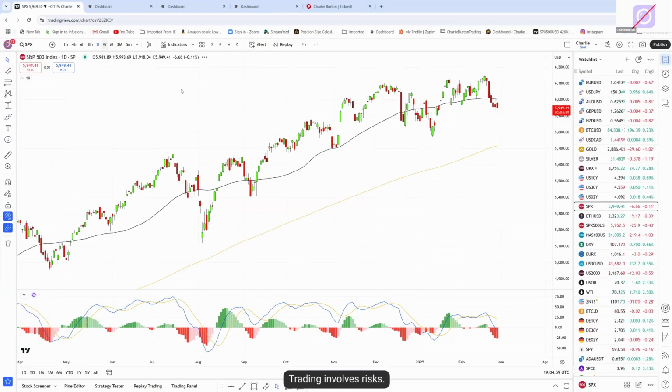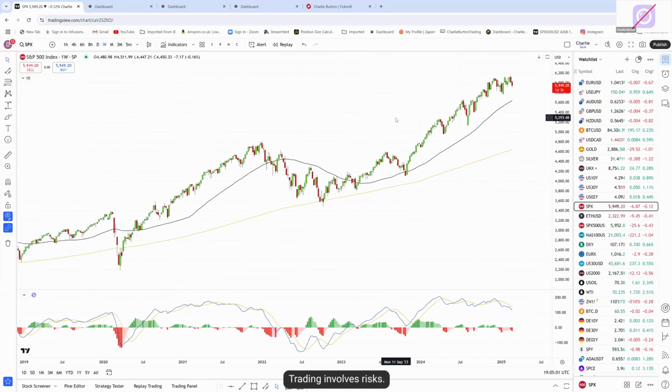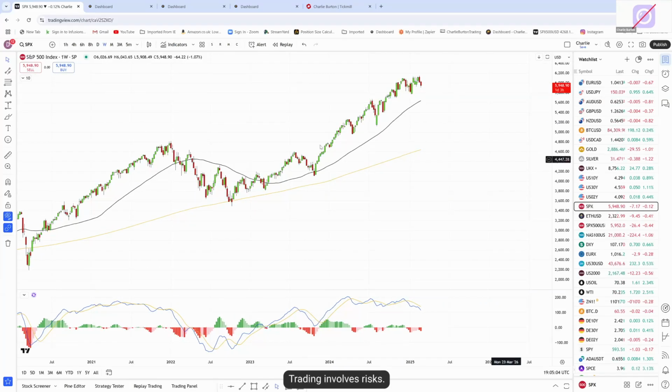So on the weekly time frame of the S&P as it stands, the S&P is diverging. Let me put my trend lines on. So this is what I've been looking at. And I am in a trade at the moment on this, but don't go and trade it.